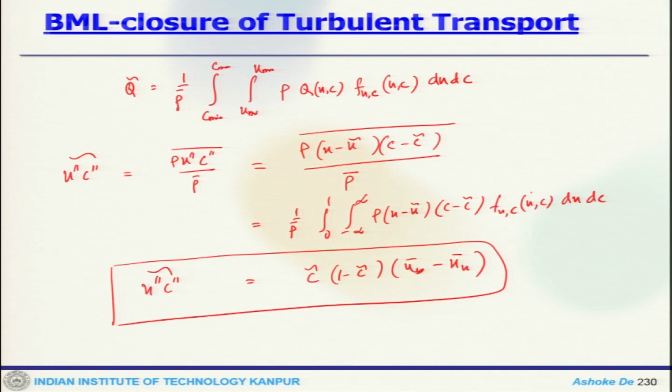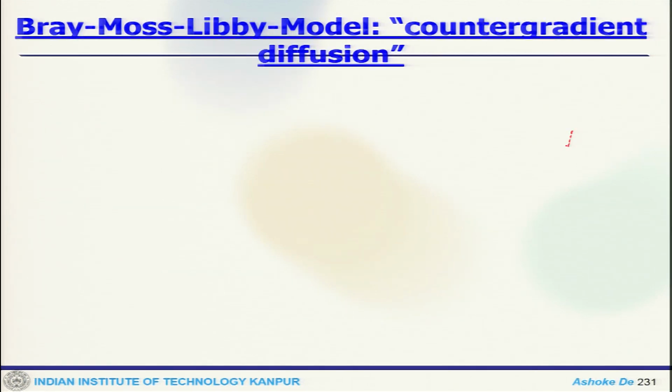Now, another thing is that one can use counter gradient diffusion. So, let us say if we have a flame front like that, which is UU, UB, where rho u UU equals rho b UB, this is C and this is my flame front.